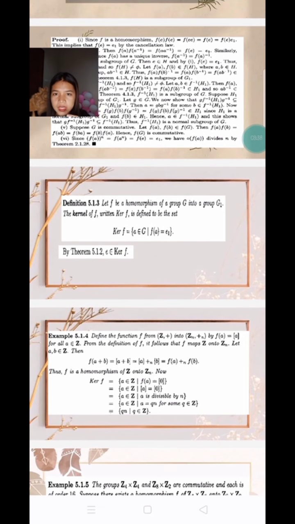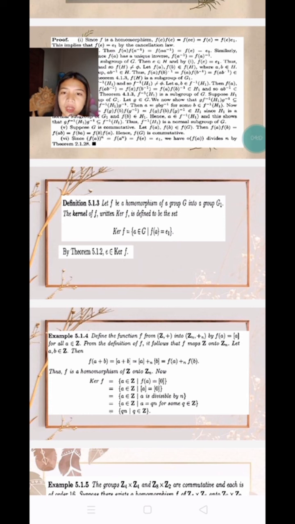Number 6. Since f(A)^n is equal to f(A^n), which is equal to f(E), which is equal to E sub 1, we have the order of f(A) divides n by theorem 2.1.28. In definition 5.1.3, let f be a homomorphism of a group G into a group G sub 1.